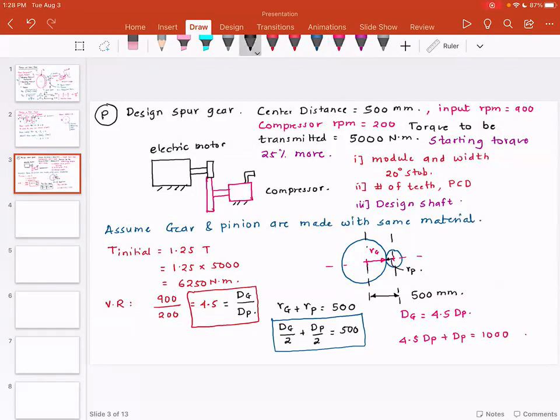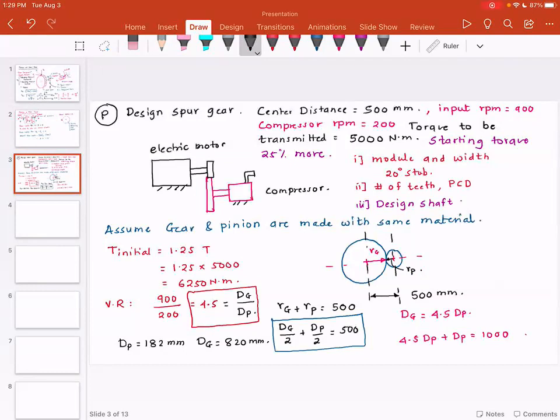Solving these two, I get the value for diameter of the pinion as 182 millimeters and diameter of the gear as 820 millimeters.